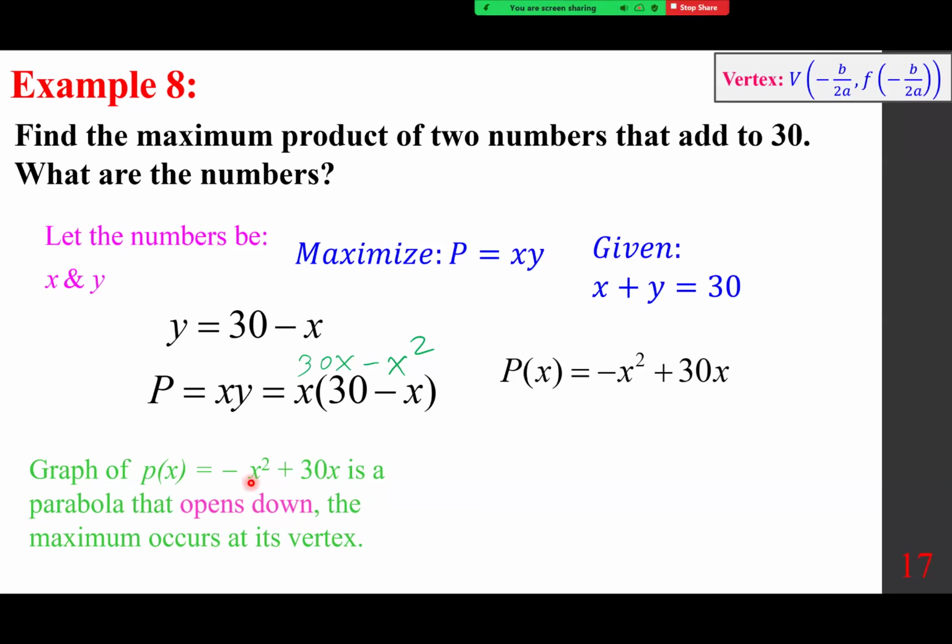Graph of P of x equals minus x squared plus 30x is a parabola that opens down. The maximum occurs at its vertex. So x equals minus b over 2a.